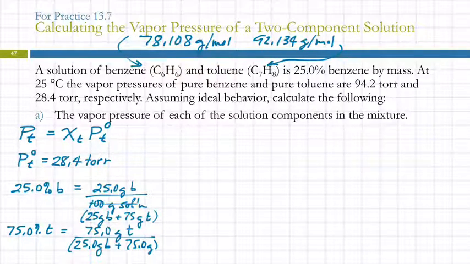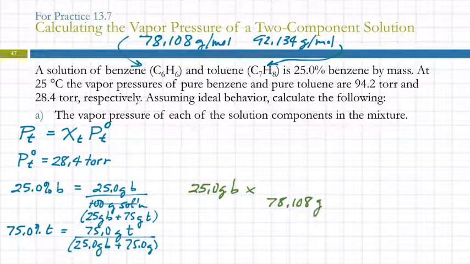I'll do it right here, and I'm going to change to a different color so it doesn't look like I'm continuing on. Let's take 25.0 grams of benzene, and use the molar mass of benzene, 78.108 grams per mole.